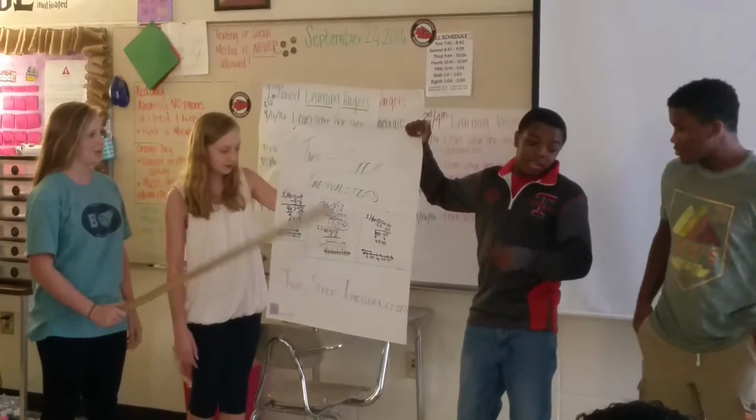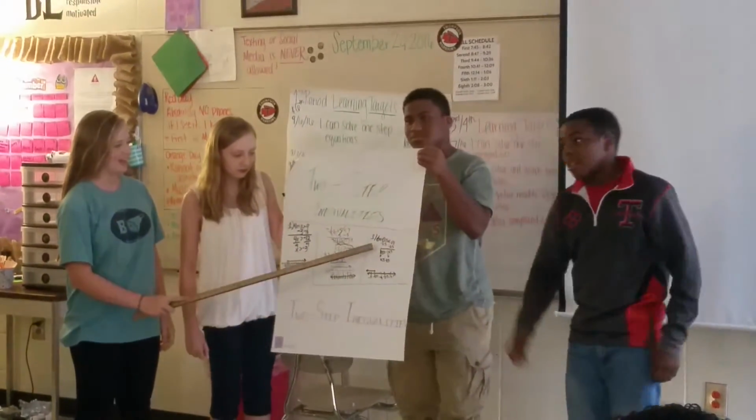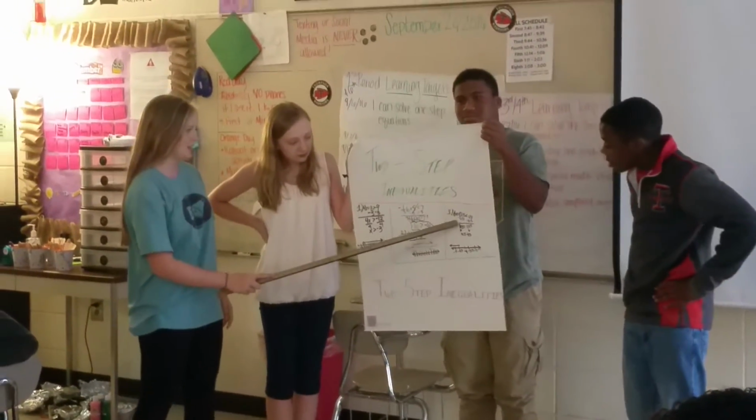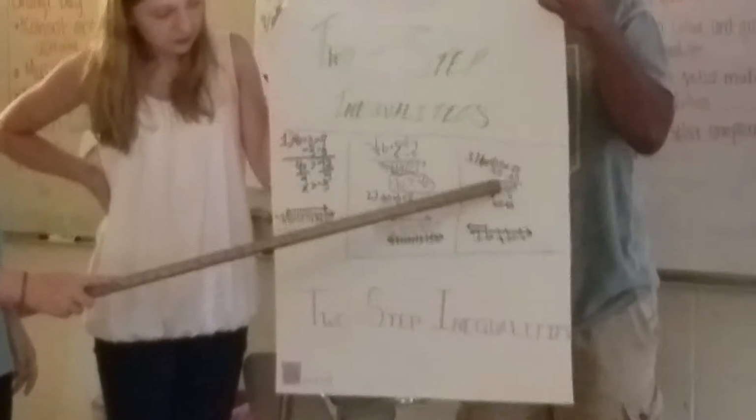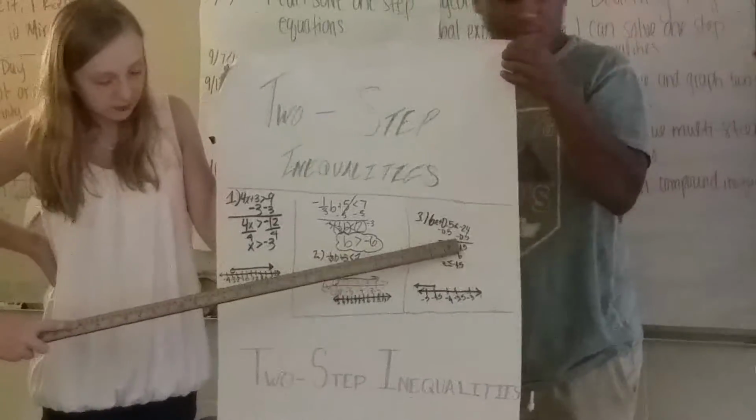And then number 3, we have 6z plus 0.5 is less than or equal to negative 24.